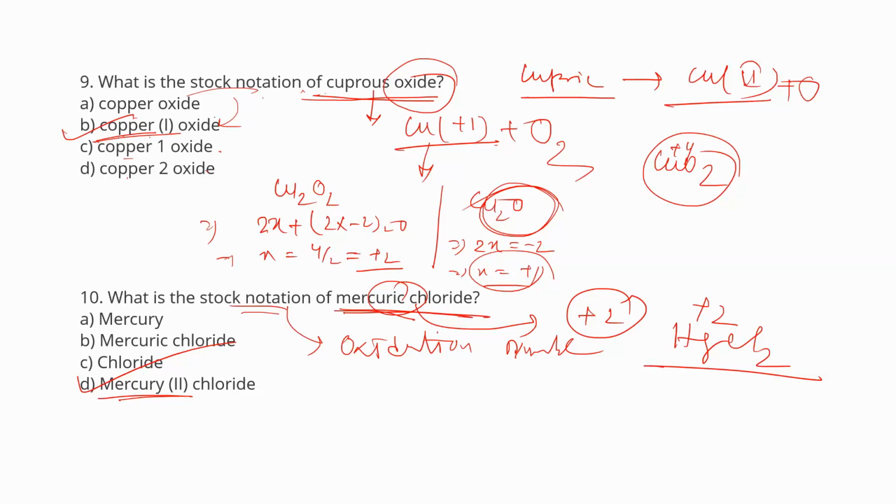Then in the second class I taught about the electron transfer theory, by which we can easily say this is the oxidation, this is the reduction reaction, which is the oxidizing agent, which is the reducing agent, and who will reduce another species and who will oxidize another species.